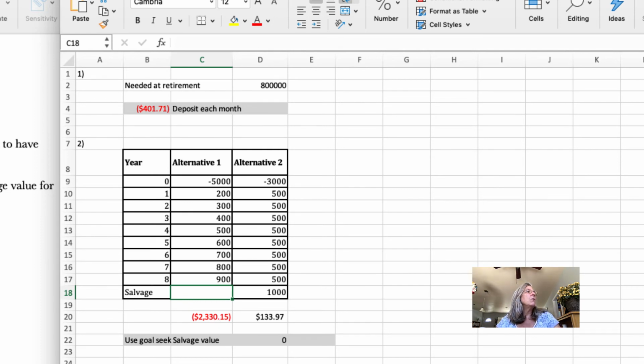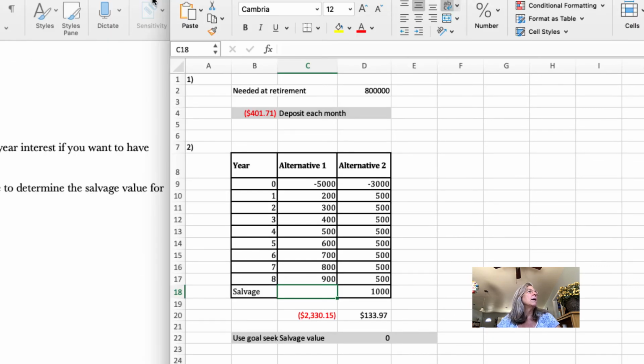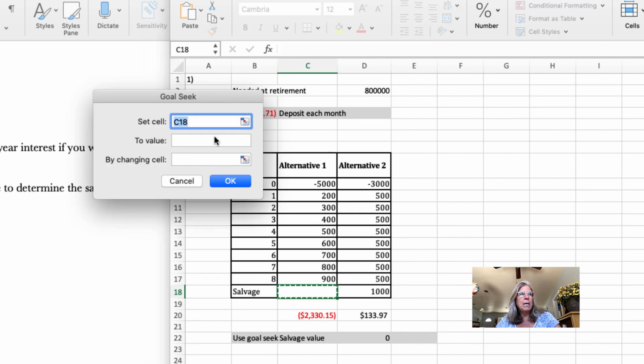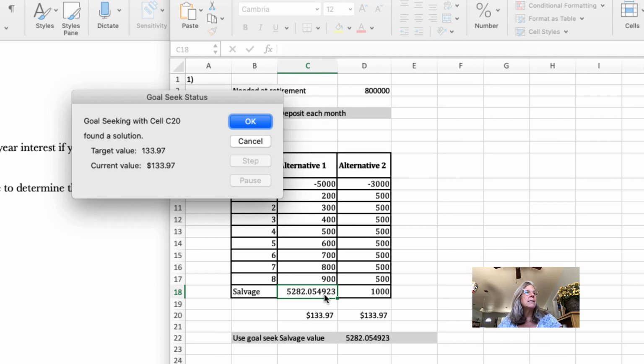I'm using the tool Goal Seek, and I'm going to set this cell equal to 133.97, which is the same value as Alternative 2, by changing this cell. I'll have it do that calculation, and the answer ends up being $5,280 as the salvage value in order to make those two projects equal.